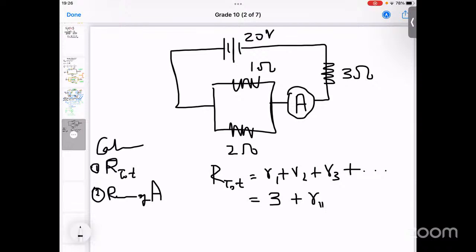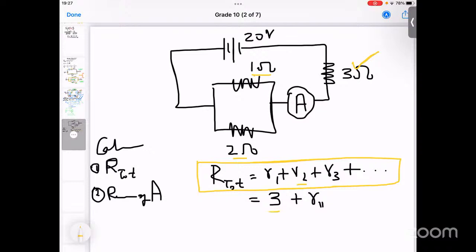So you cannot include them in the formula. Why? Because they are not connected in series. This formula is used when things are connected in series. That's why I only substituted that one alone.